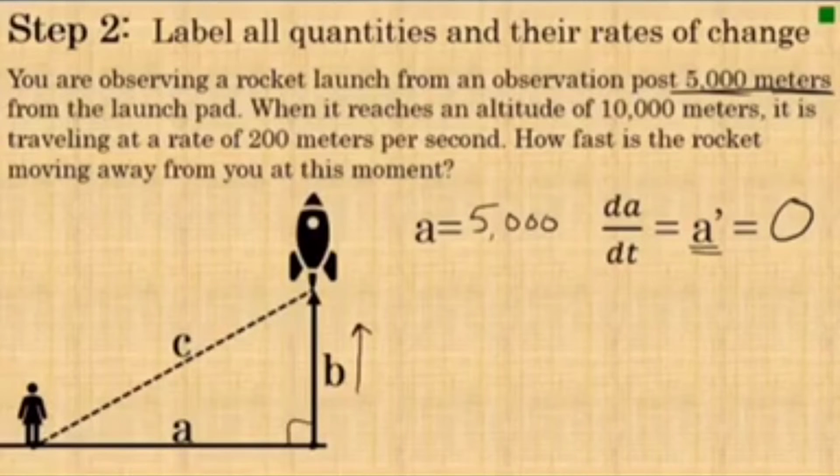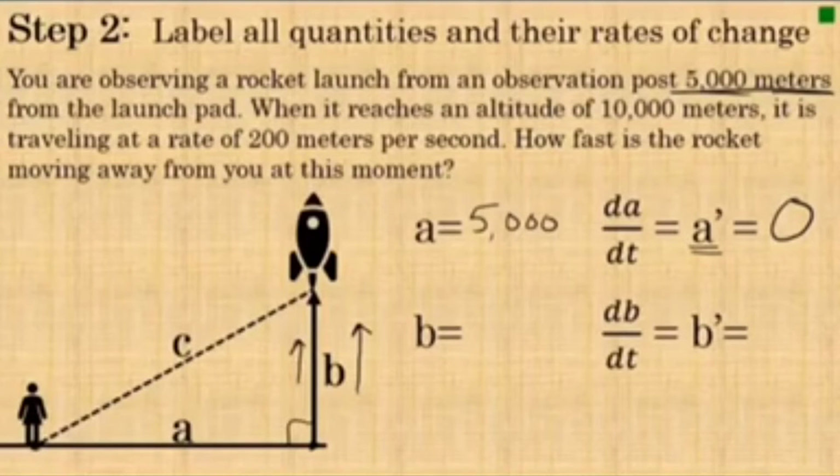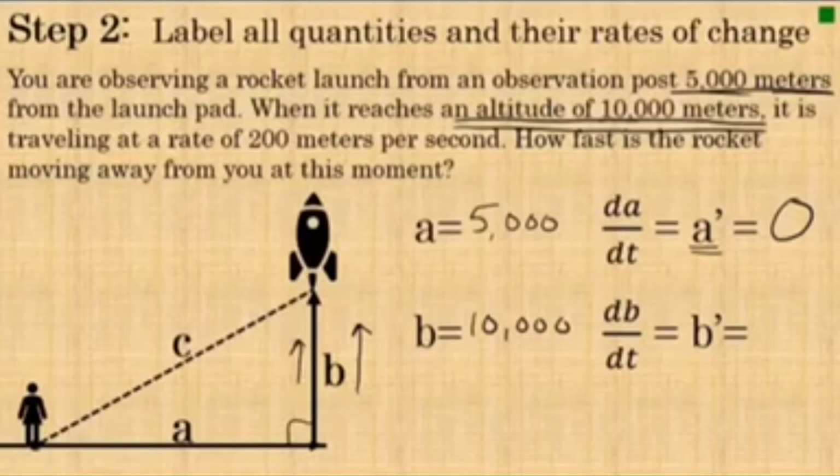And next we need to find the answer for B. What is B? We use dB per dt to find B prime. The question gives an altitude of 10,000 meters, which means B is 10,000. It also says the rate is 200 meters per second, so there's a dB per dt in the question, so B prime is 200.